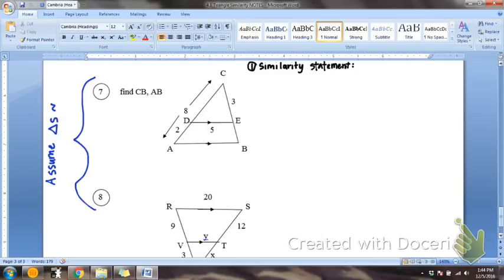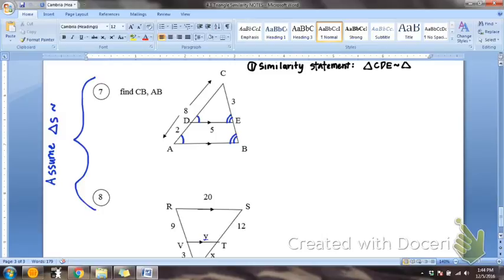So if we look at this diagram, we have this diagram in example 3. Remember, we can mark this angle congruent to this angle congruent to this angle, because we have parallel lines and those are corresponding angles. So our similarity statement, if I said triangle CDE matches up with what?